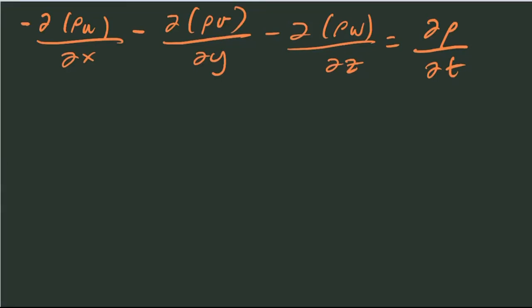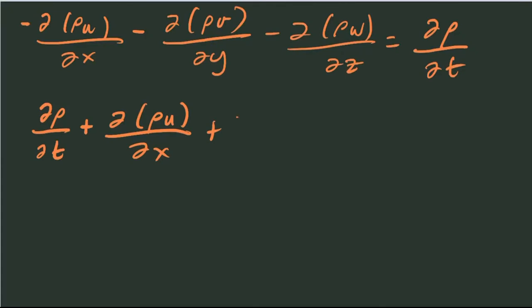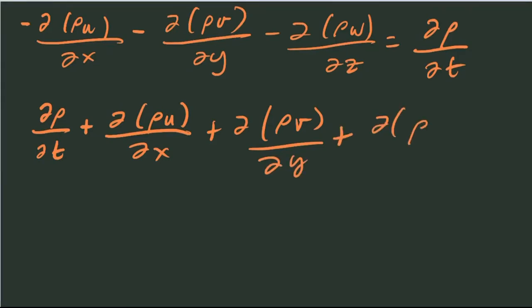the very basic equation for continuity, which is change in rho over change in t plus change in rho u over change in x plus change in rho v over change in y plus change in rho w over change in z is equal to 0.